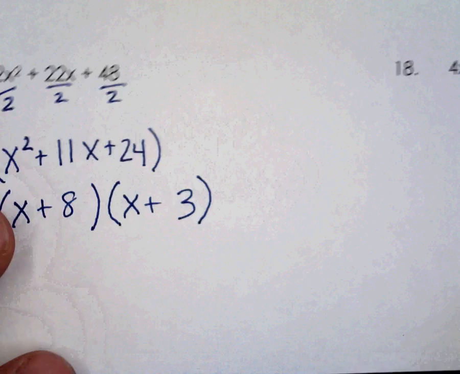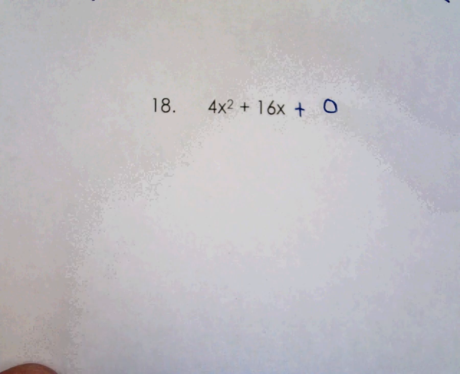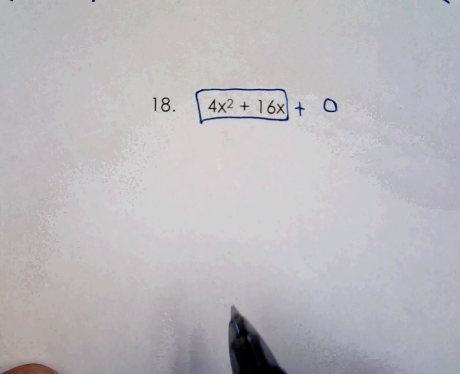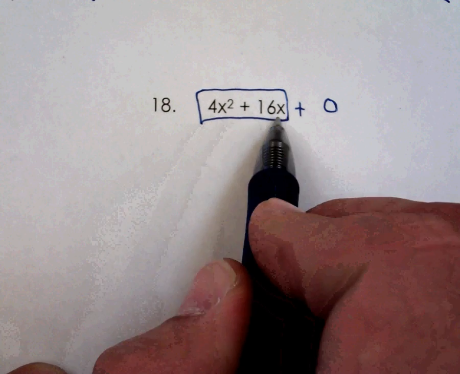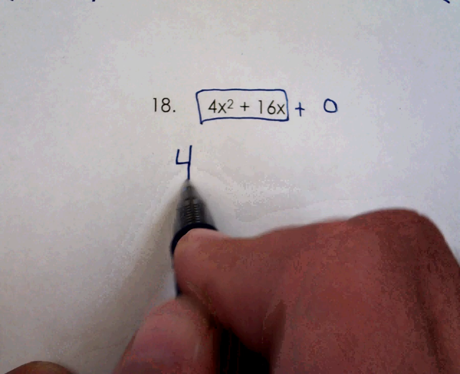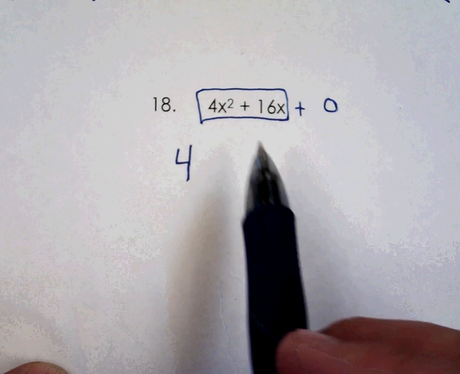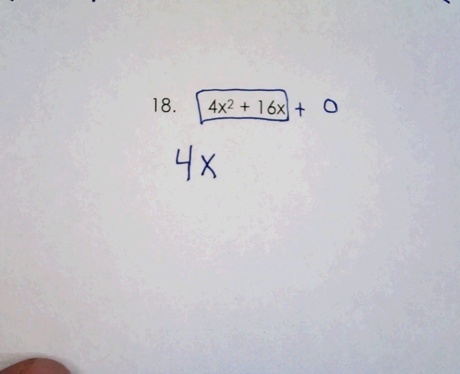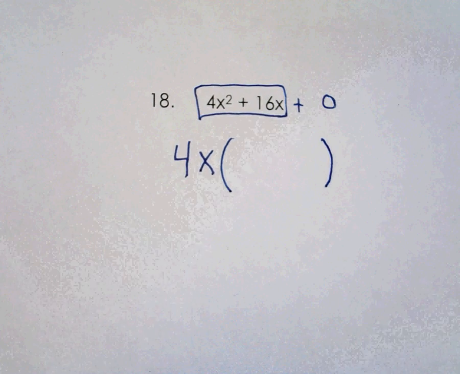18 is a little different because there's no c term on the end. There's a 0 out here. The easiest way to do these, I think, is to focus on these two terms, 4x squared and 16x. See if they have a common factor, and they do, 4. And see if they have a common variable. They do. X is the common variable that they have, so we can bring that out and sort of undistribute it.